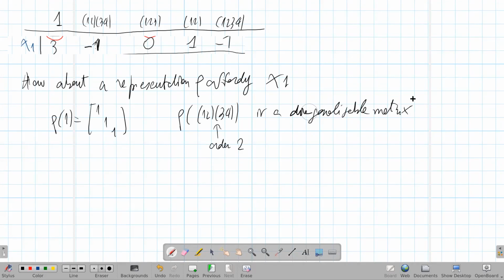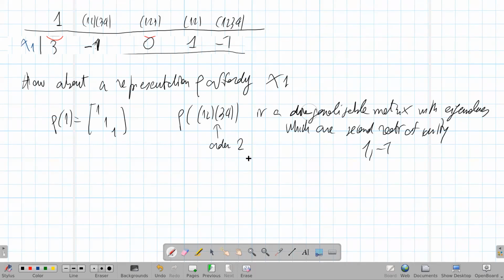Remember the usual stuff with a minimal polynomial, with eigenvalues, which are second roots of unity. Well, of course, it means 1 or minus 1, okay? Because they are roots of s squared minus 1 equals 0, so they have to be 1 or minus 1.